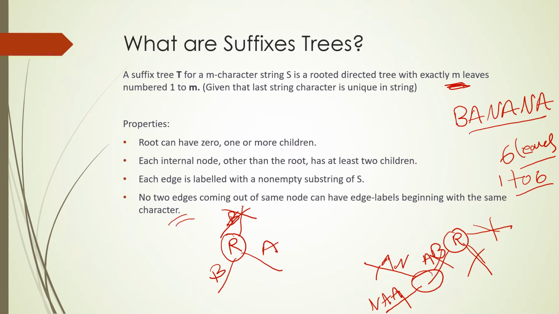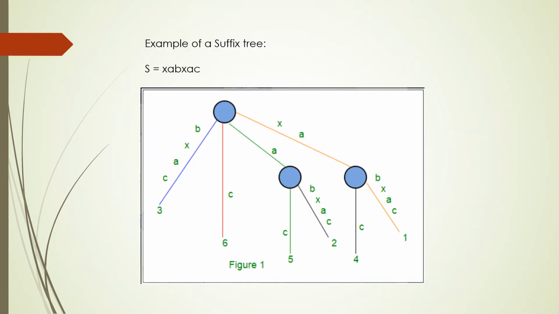So let's dive into the details of Ukkonen's algorithm. This is an example of a suffix tree which is constructed. Here the string is XAB, with the root node and internal nodes. As in the suffix tree definition, the leaves are numbered from 1 to m. Here m is 6.